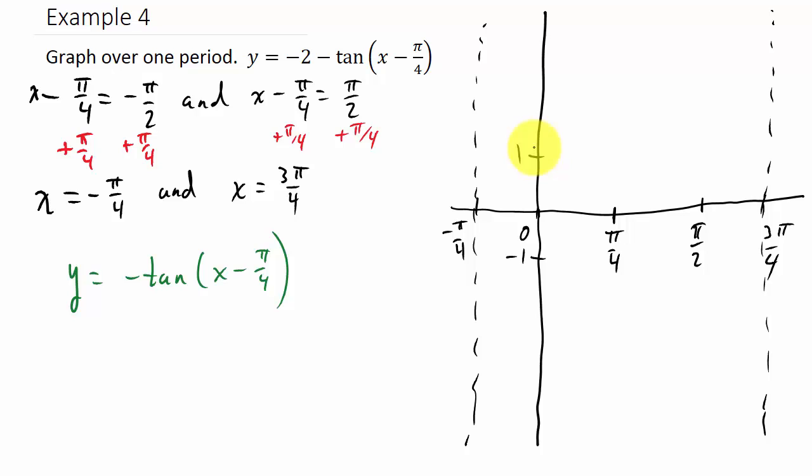Now remember, tangent starts out, here's the first x value, and then here's the next one, there's the next one. So tangent normally starts out at negative, then it goes to 0, then it goes to the positive. But since there's a negative here, that means it's going to start up here at the +1.